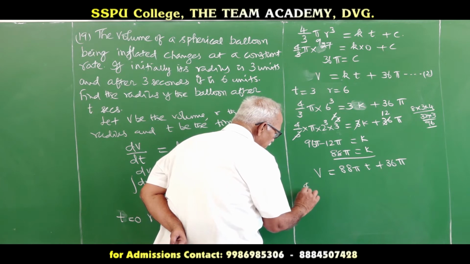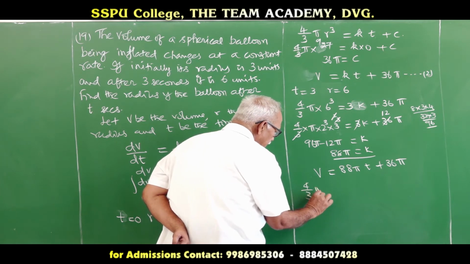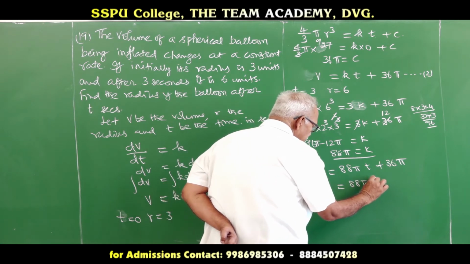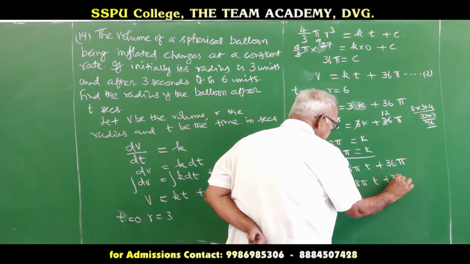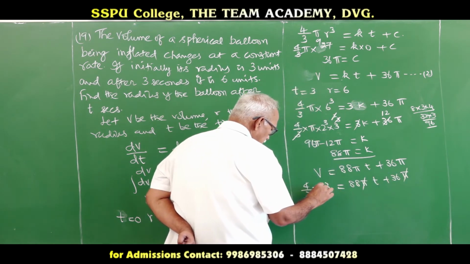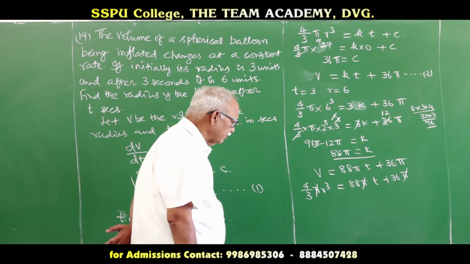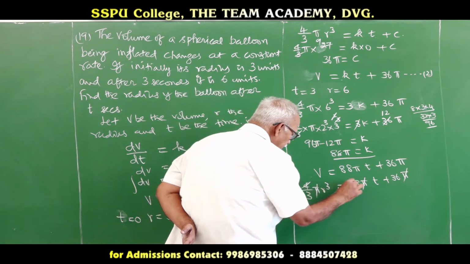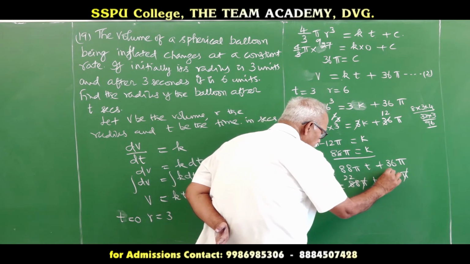Now this is 4 by 3 pi r cube equal to 88 pi t plus 36 pi. Now pi we can cancel from all these terms, and 4 we can cancel, which gives 22 and 9.